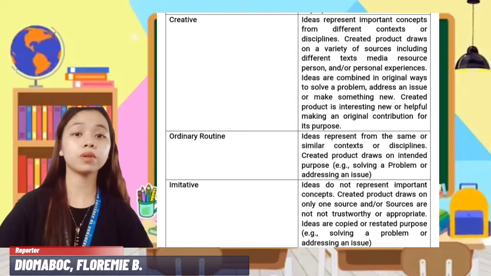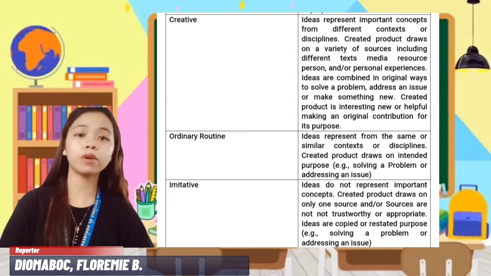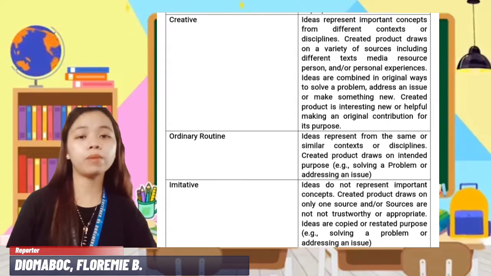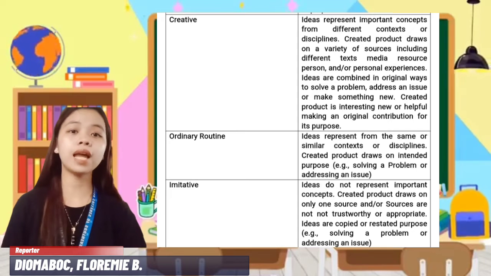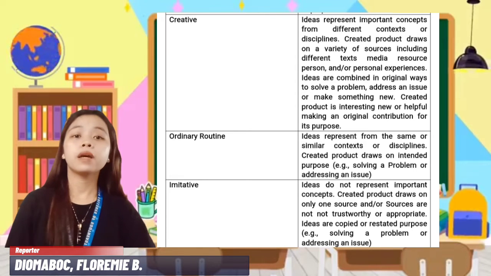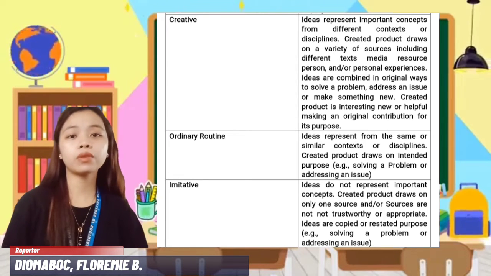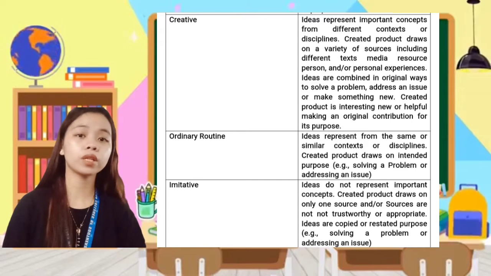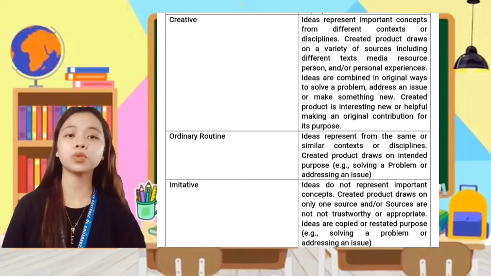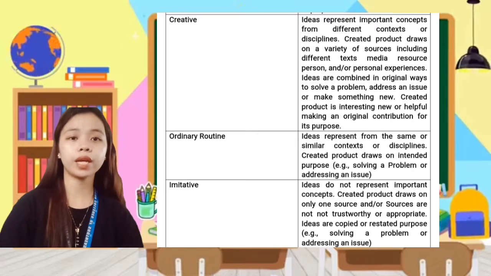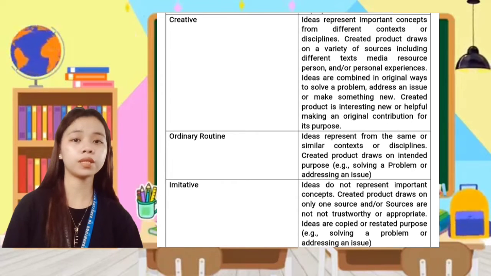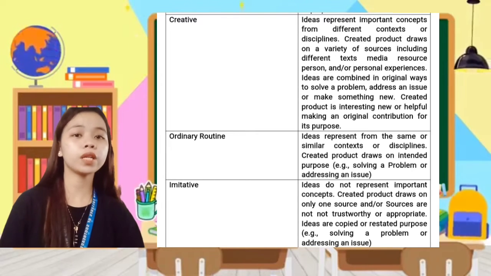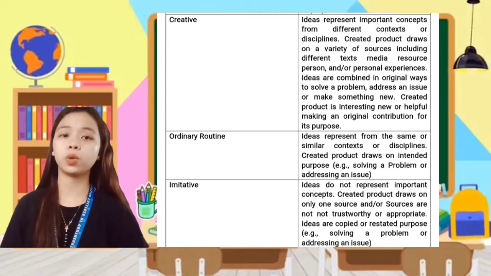Created product draws on intended purpose or is solving a problem or addressing an issue. So lastly is imitative. Imitative is also ideas do not represent important concepts. Created product draws on only one source and/or sources are not trustworthy or appropriate. So ideas are copied or restated, with purpose and solving a problem or addressing an issue.